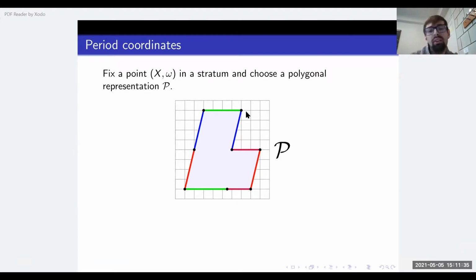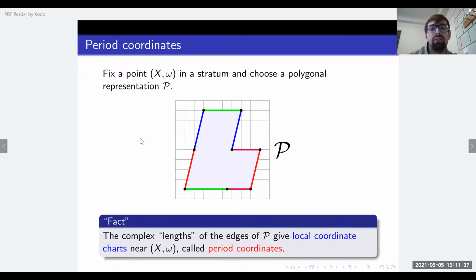And how do the coordinates work? Well, the coordinates work as follows. I'm going to consider what I call the complex lengths of the polygon. What I mean by this is, take some side of the polygon. Can people see my mouse movements? Yes. Okay, so let's take this red side on the right, for example.